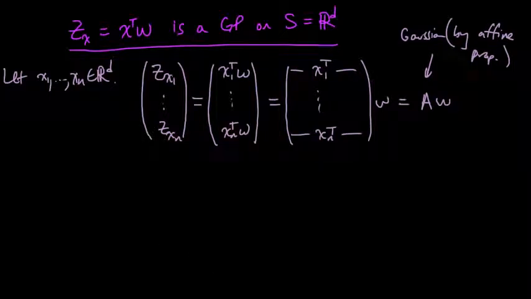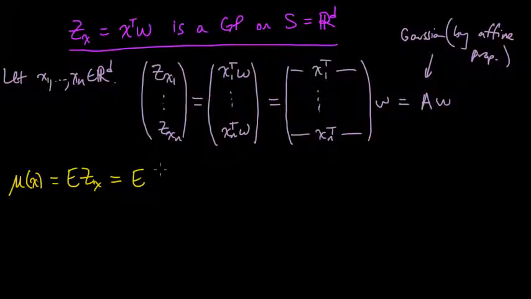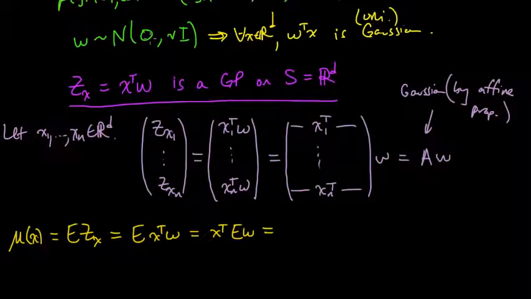So first, let's compute the mean function for this Gaussian process. The mean function, mu x, is just the expected value of the Gaussian process at each given x. This is the expected value of x transpose w, and by linearity of expectation, it's equal to x transpose EW, and w has mean 0, so this is just 0.